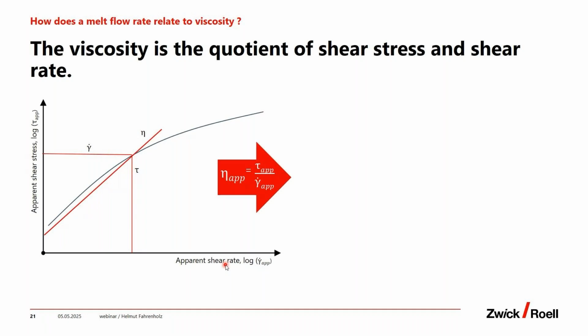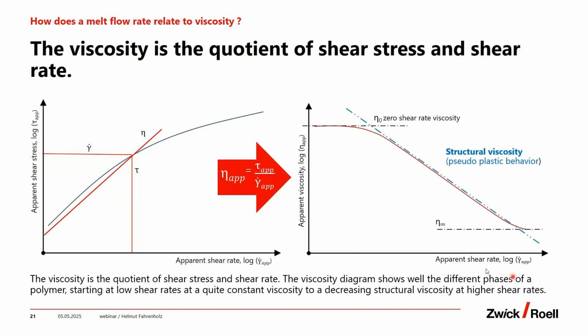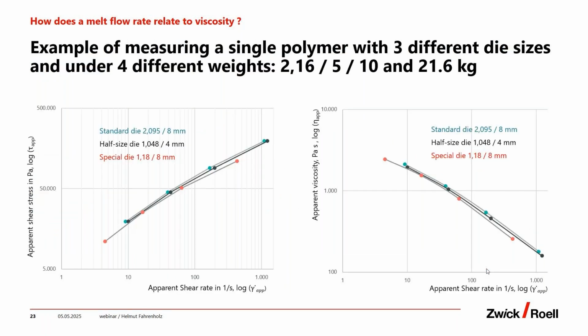And from that, we could also convert it back to an apparent viscosity over apparent shear rate diagram. And now we are very close to classical rheometry conditions, so that we could show such curves even using a melt flow machine.